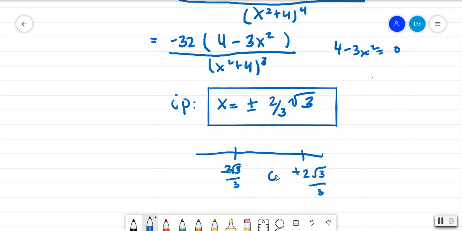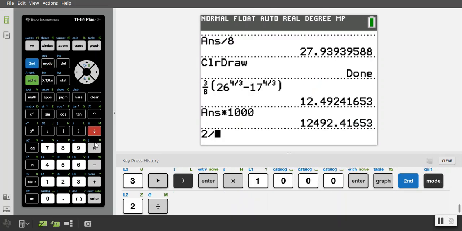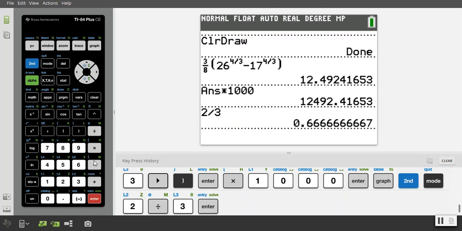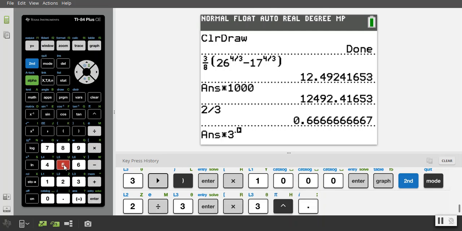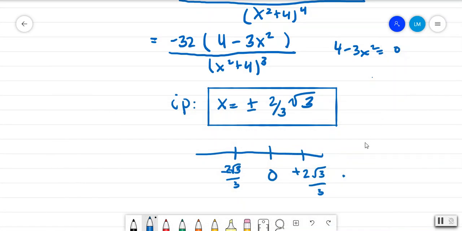So if I pick 0, which is actually my critical point, and if we use our calculator, we can figure out that 2 divided by 3 multiplied by 3 raised to the 1/2, or the square root, is 1.15. So we have to pick something bigger than that, so maybe 2 and negative 2.